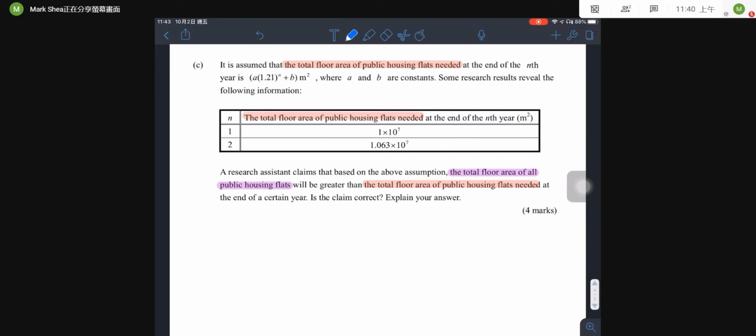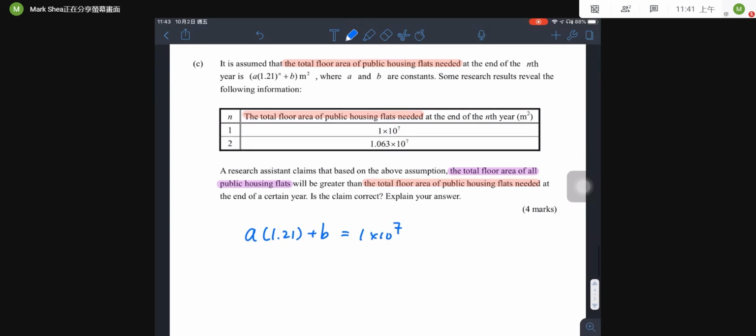To solve for unknown A and B, we have the first year: A times 1.21 plus B equals 1 times 10 to the power 7. And the second year, we have A times 1.21 to the power 2, plus B, which is equal to 1.063 times 10 to the power 7.